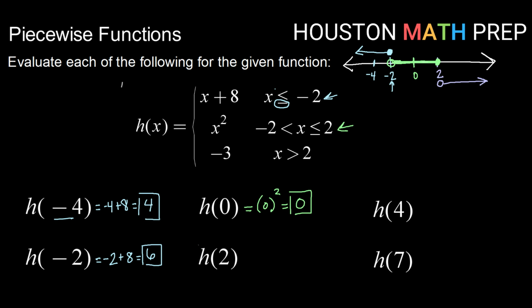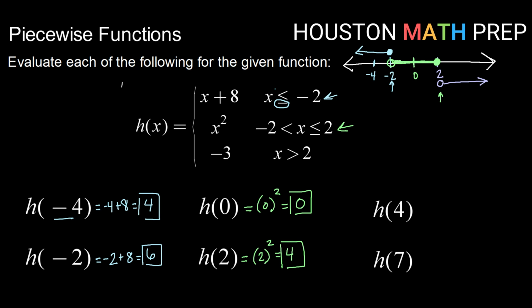Next, looking at h of 2. 2 is, again, one of my breaking points. It is included in my middle definition. So I'm going to use x squared to define this. So 2 squared gives me 4. So h of 2 is 4.